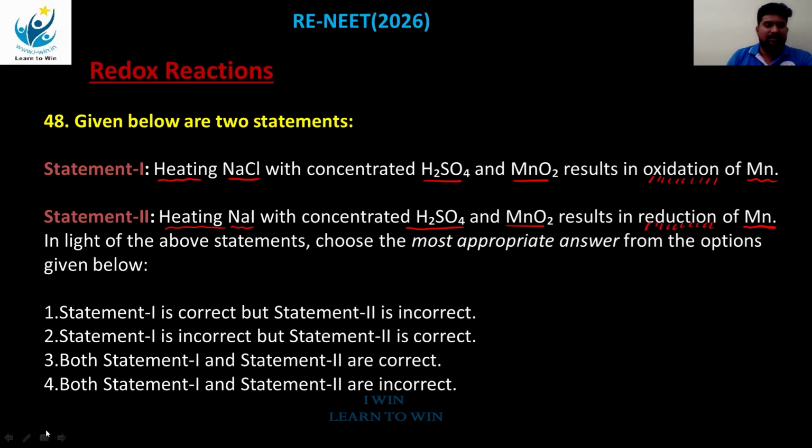So the first statement is wrong and the second statement is correct. Statement 1 is incorrect, and option number 2 is our correct answer. Is that clear, my dear students? We shall meet with the next question.